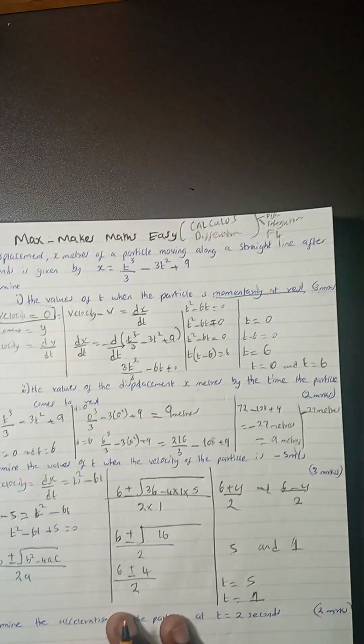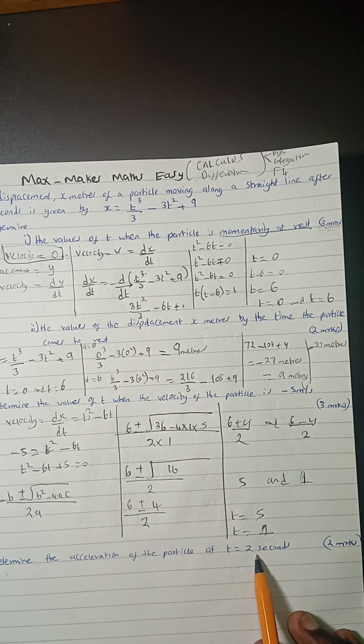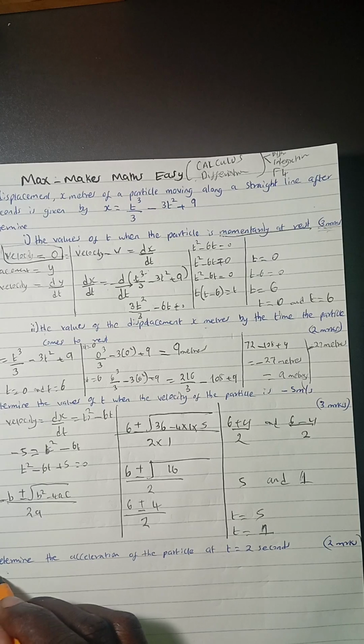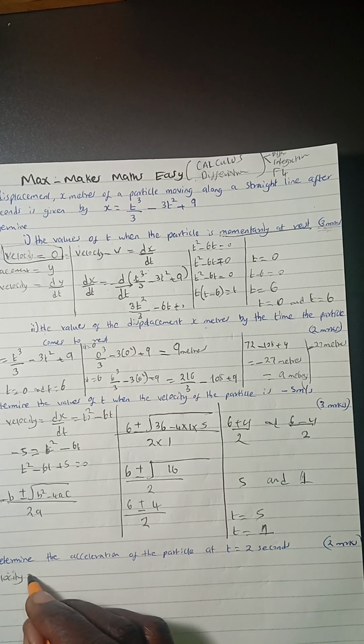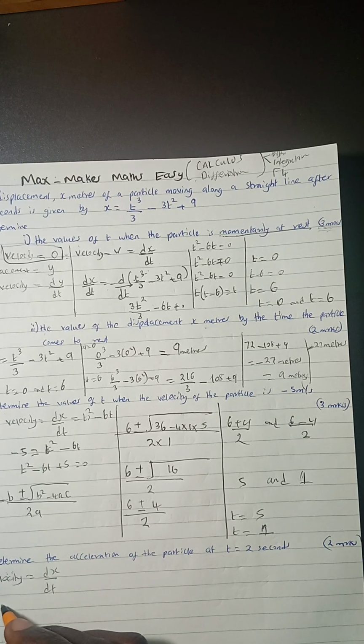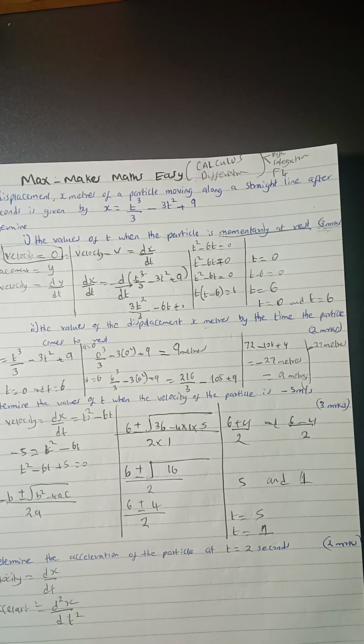Let's go to our next question that reads, determine the acceleration of the particle at t is equal to 2 seconds. So if we are given velocity is equal to dx over dt, then our acceleration becomes d2x over dt squared.